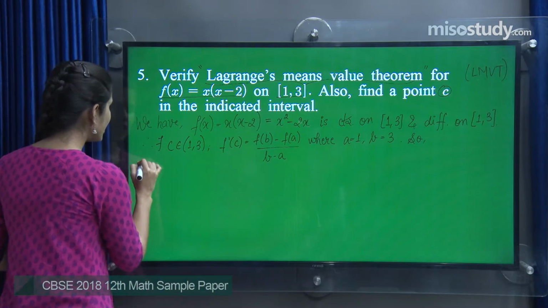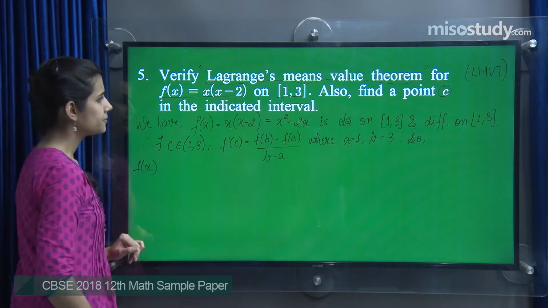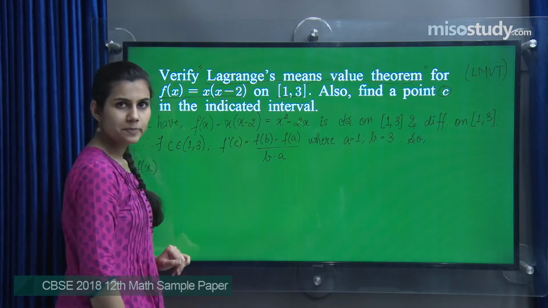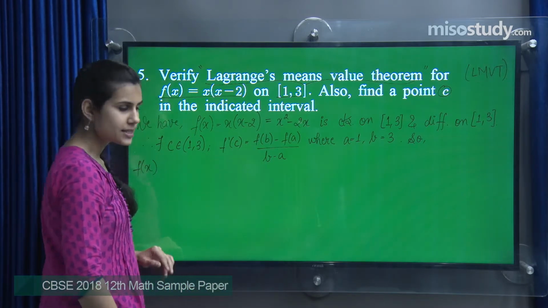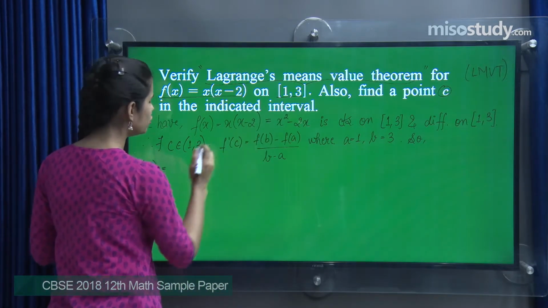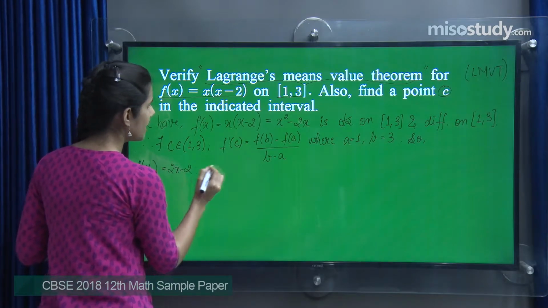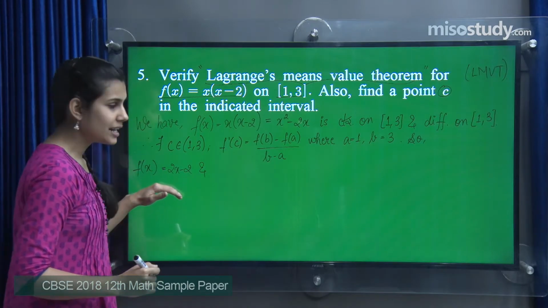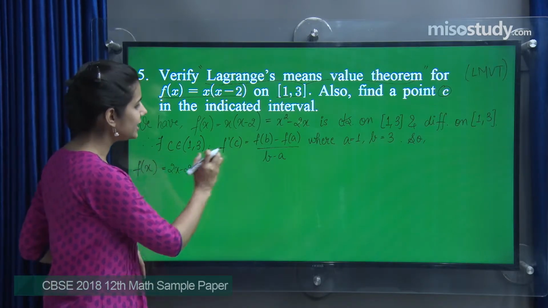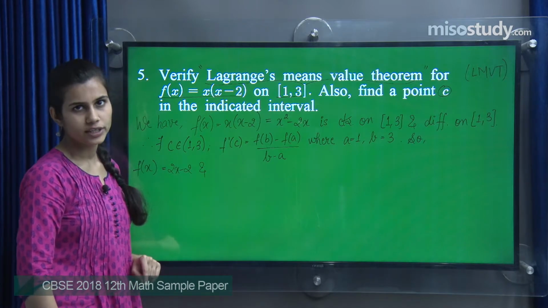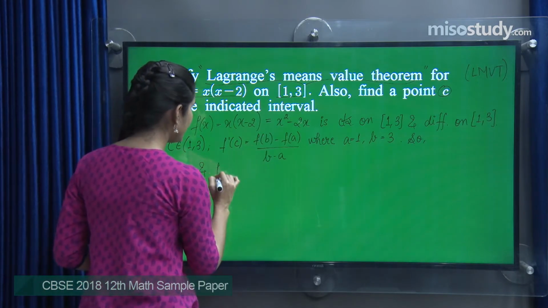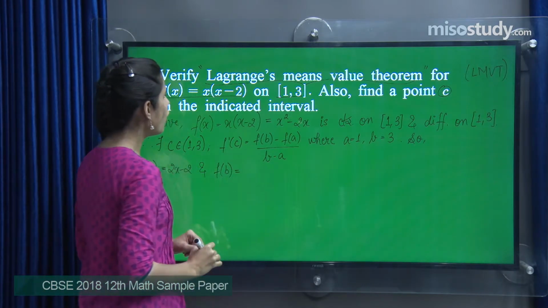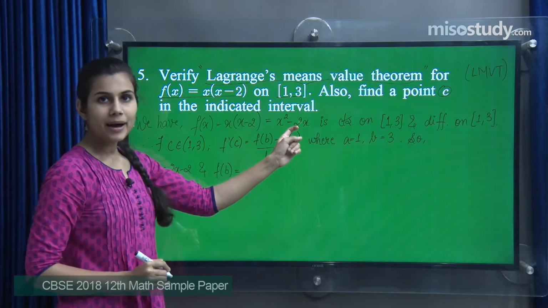Now, f dash x turns to be what? Fx is x into x minus 2, which is x square minus 2x. So, f dash x turns out to be 2x minus 2. This means once this is done, I am just going to replace x by c and plug this entire expression over here. What is fb? What is fa? F of x is x square minus 2x.